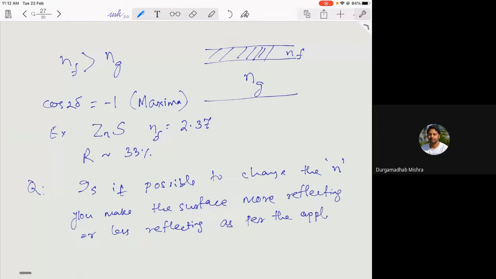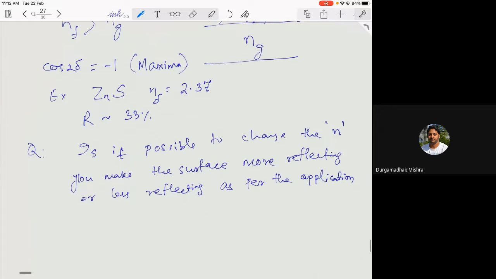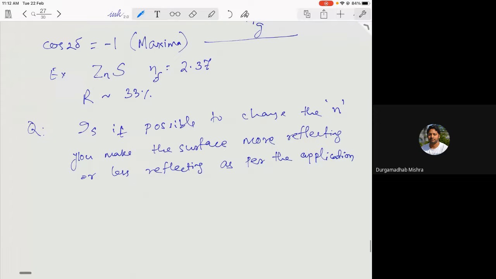So that you have the same coating, you are not changing anything, but you devise a way which will help you in changing or varying the refractive index depending on the application that you are looking at. That will be more like a universal coating, and by some means you can change this n. There are people working in this direction, so you can look it up. If you are interested, in future you can also bring some innovation in this direction.